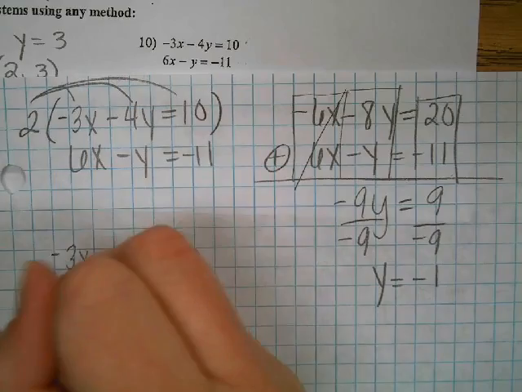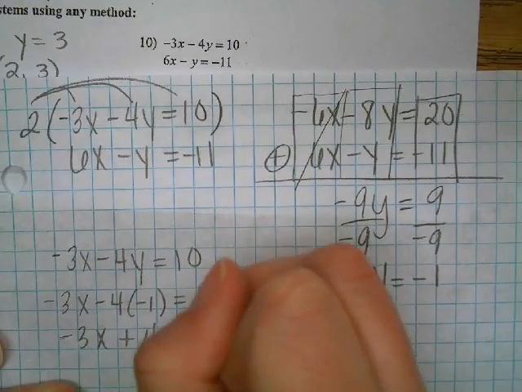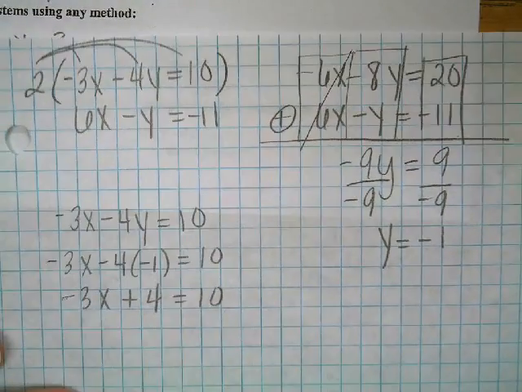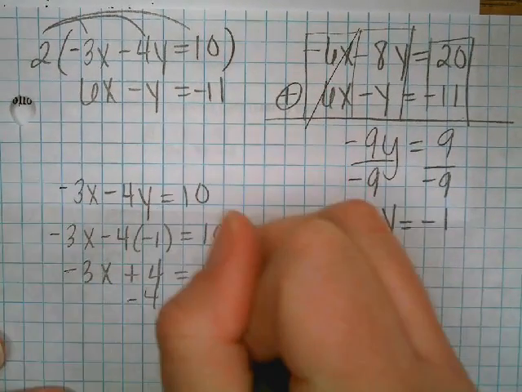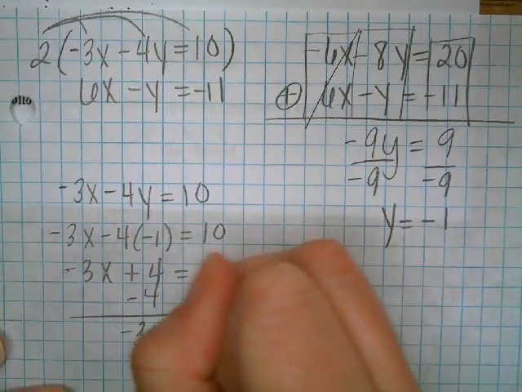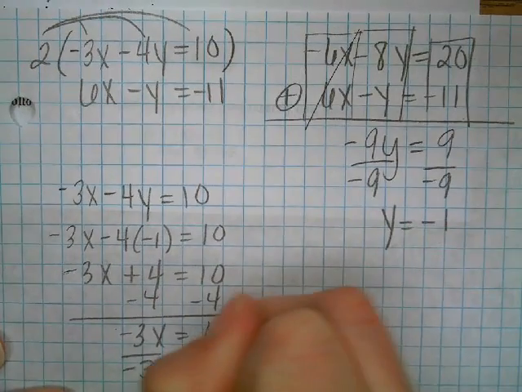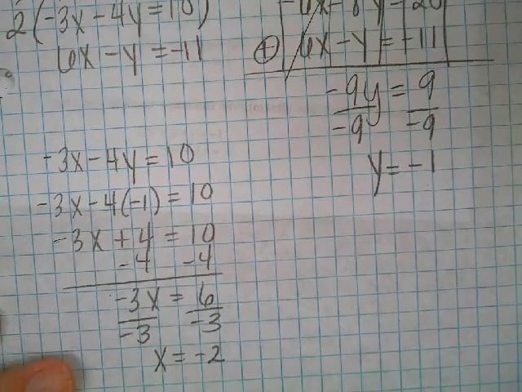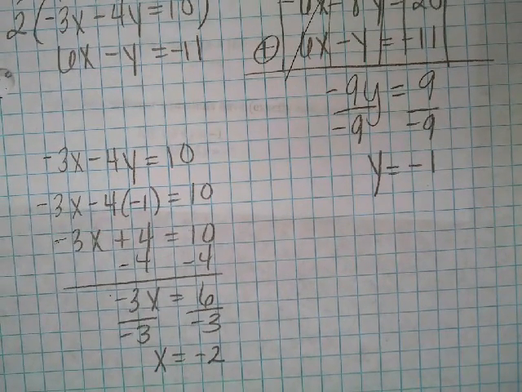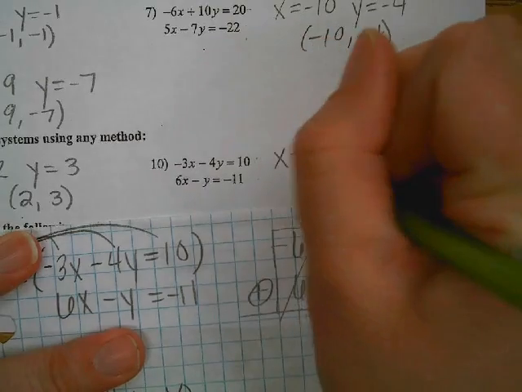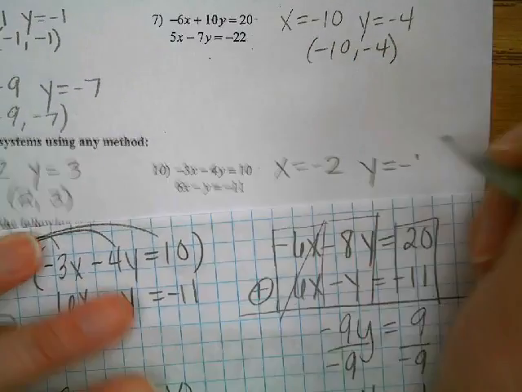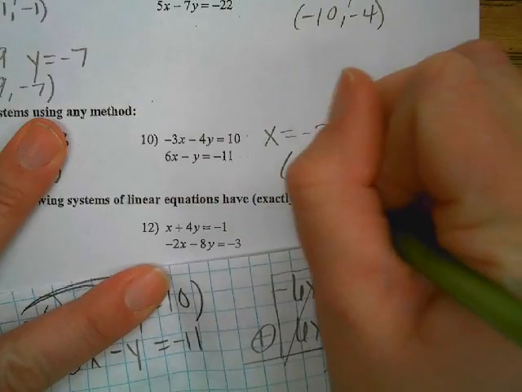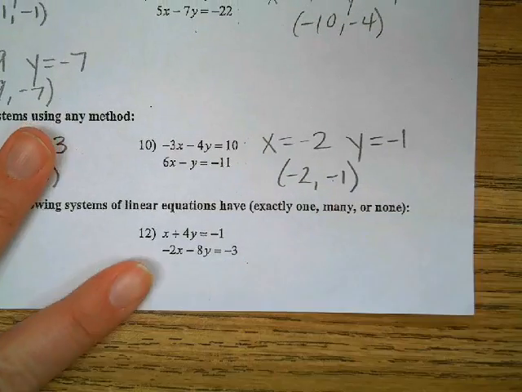So that simplifies to negative 3x plus 4 equals 10. Subtract 4 on both sides. Negative 3x equals 6. And 6 divided by negative 3 is negative 2. So x equals negative 2, y is negative 1. Writing that as an ordered pair is negative 2, comma, negative 1.